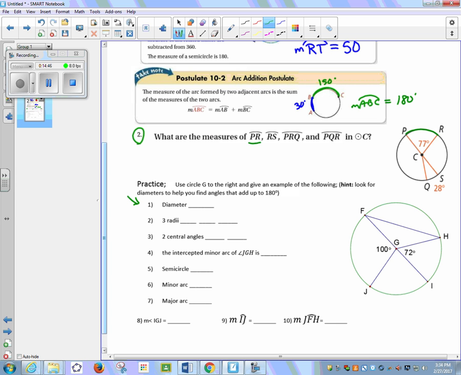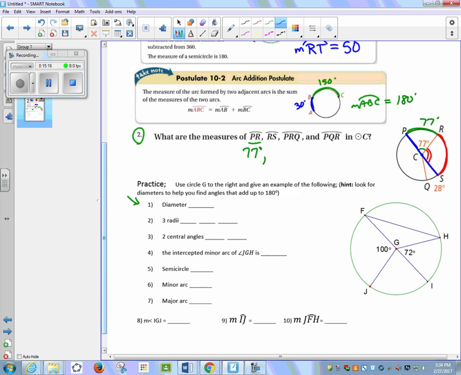Well, arc PR, if this central angle is 77, then arc PR is also going to be 77. RS. Well, in order to get RS, we need to know what this central angle is. How are we going to get that central angle? There are always some hints in these circles.